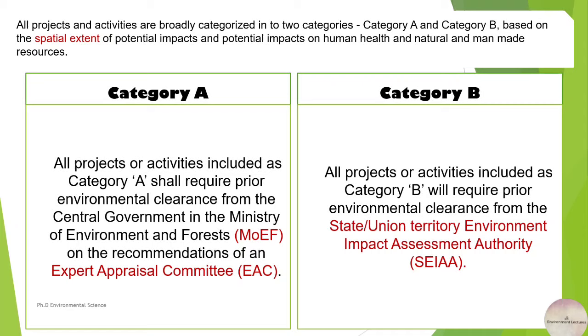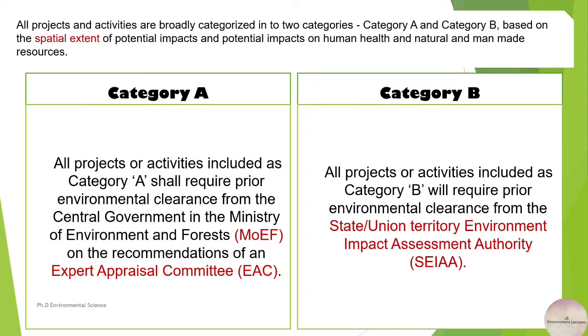Whereas in case of category B projects, all the projects or activities included in this category will require prior EC from state or union territory environment impact assessment authority. So the clearance in case of category A projects, it will be granted from MOEF, now MOEFCC, Ministry of Environment, Forest and Climate Change, on the recommendations of EAC, whereas in case of category B projects, SEIAA will give the environmental clearance.